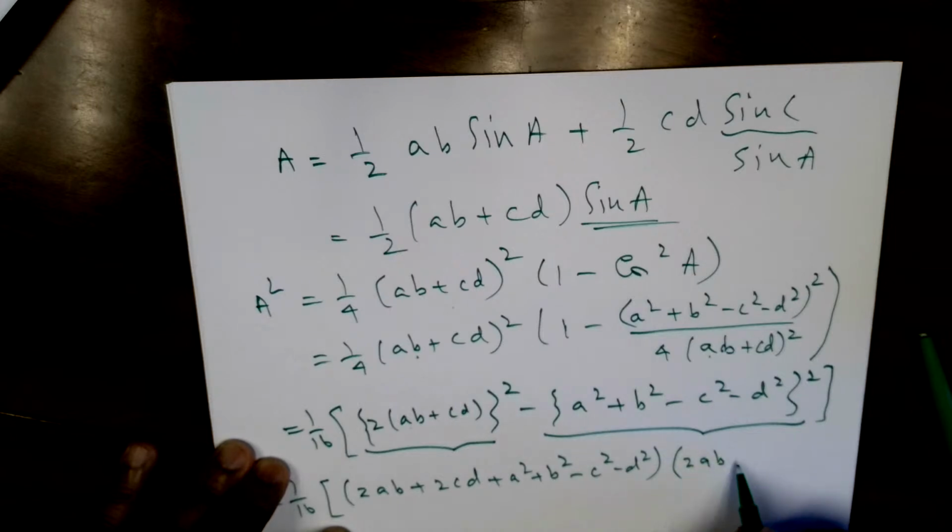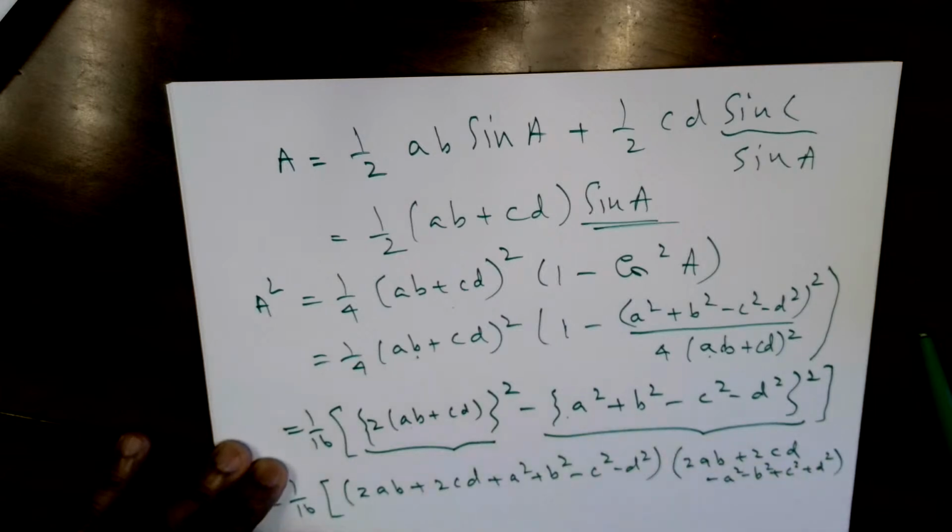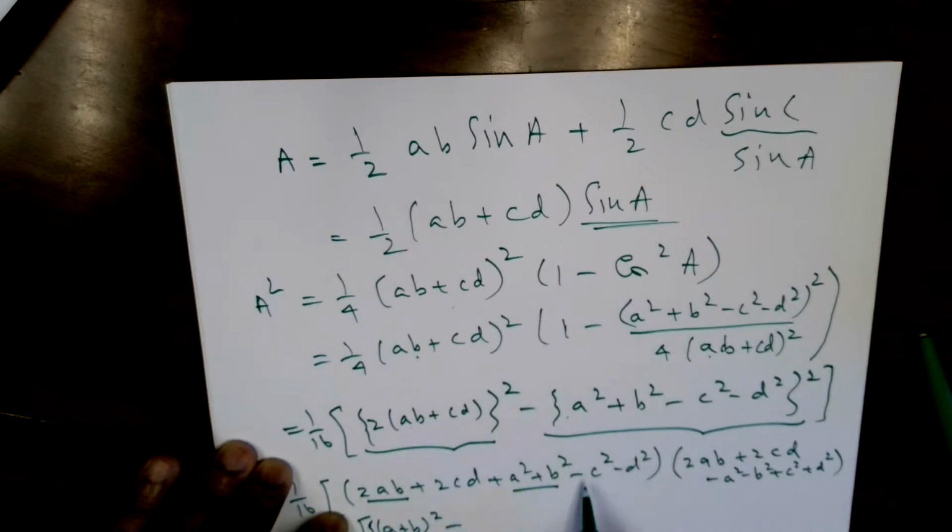2ab plus 2cd minus this, minus a squared minus b squared plus c squared plus d squared. So this is 1 over 16. Notice a squared plus b squared plus 2ab, so that is a plus b the whole squared. Then you have c squared plus d squared minus 2cd.